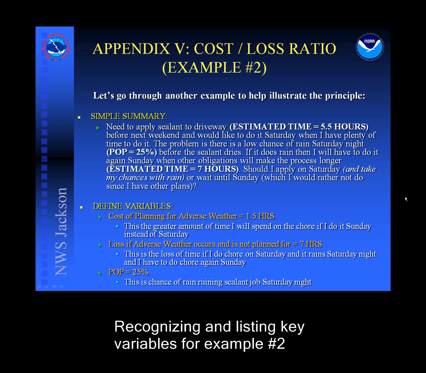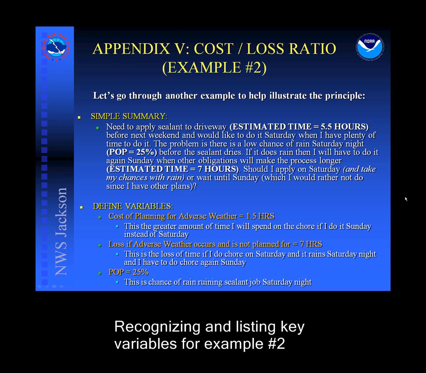The POP equals 25% before the sealant dries. If it does rain, then I will have to do it again Sunday when other obligations will make the process longer. The estimated time equals 7 hours. Should I apply on Saturday and take my chances with rain, or wait until Sunday, which I would rather not do since I have other plans?